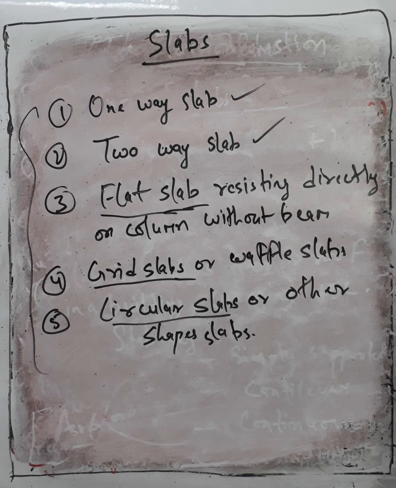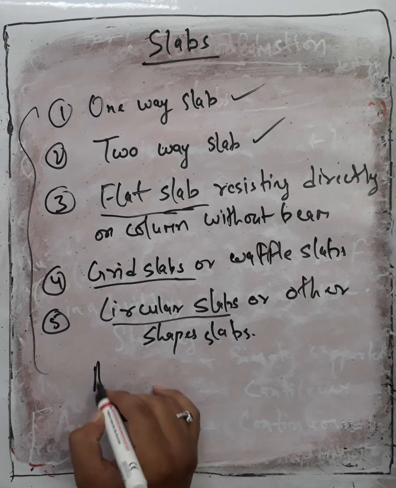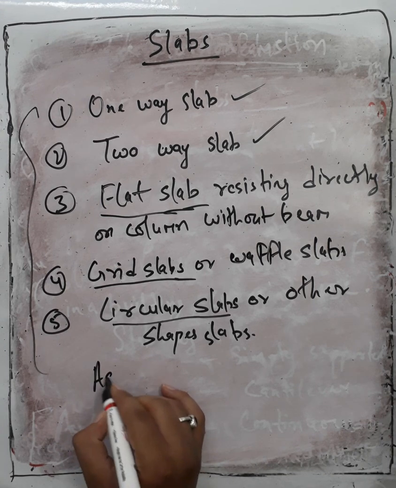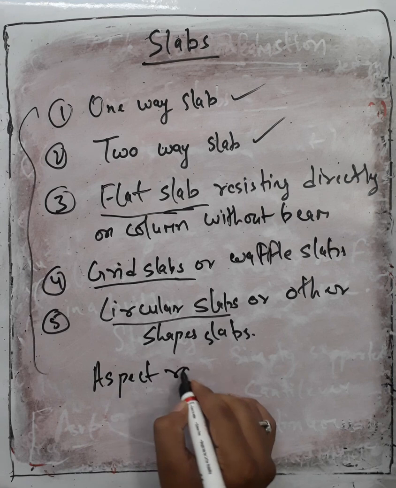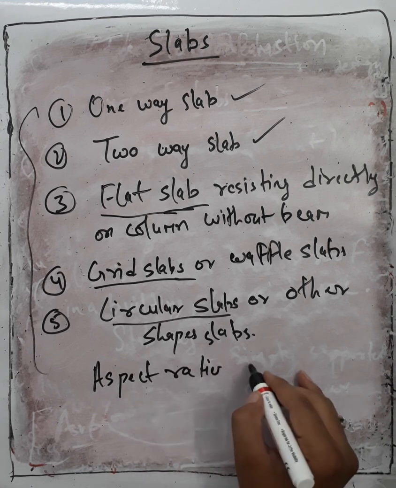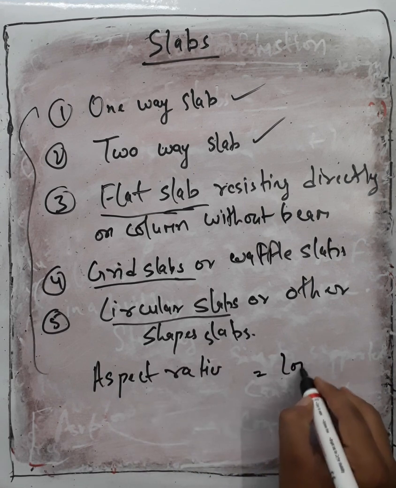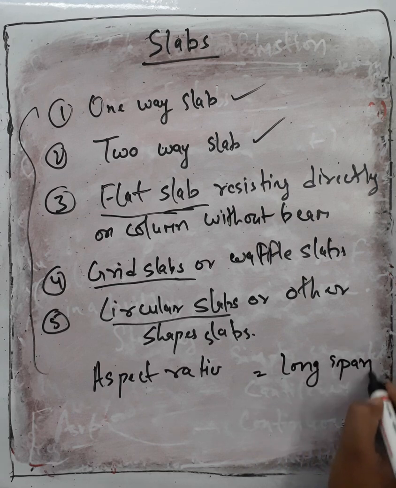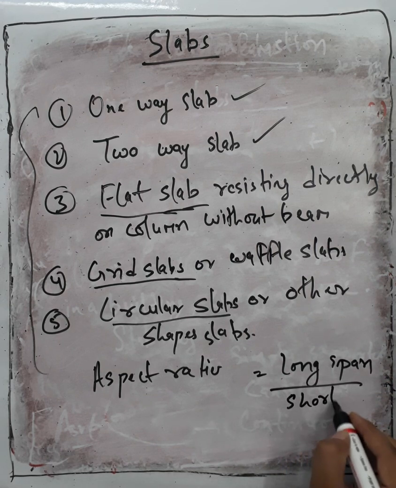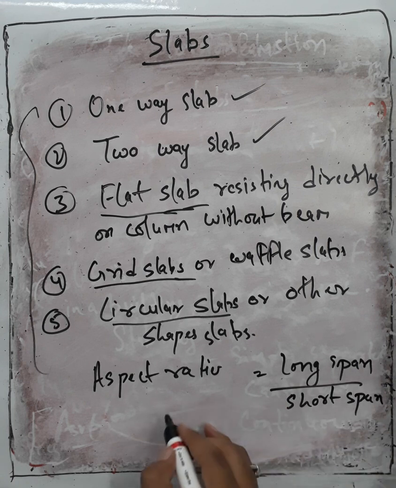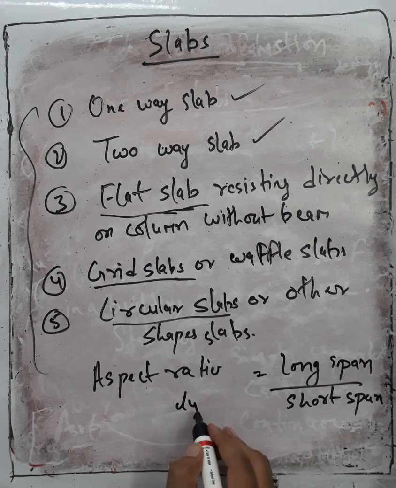And slabs are defined or differentiated by aspect ratio, and this aspect ratio is given by long span upon short span. Long span we call Ly and short span we call Lx.